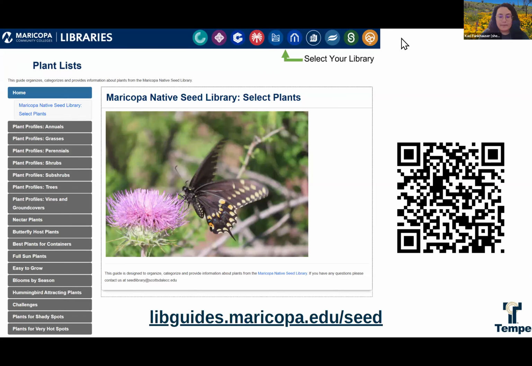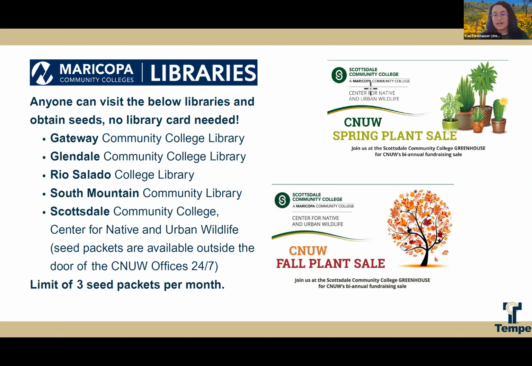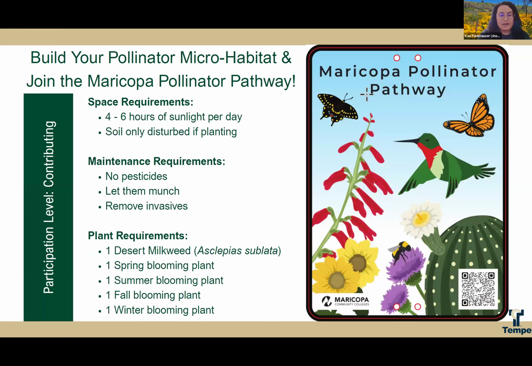Go to that website, go pick up some native seeds. This is a great place to start. And the Center for Native and Urban Wildlife at Scottsdale Community College also does have biannual plant sales that you can go to as well, all focusing on natives. The Desert Botanical Garden also obviously has their plant sale, and we'll talk about other great places to get native plants in a minute.